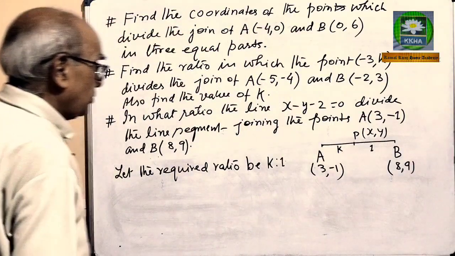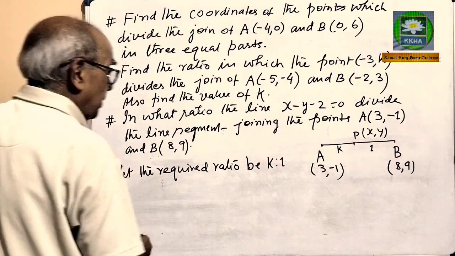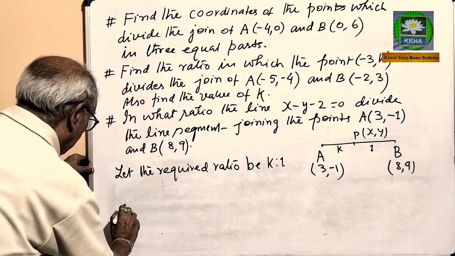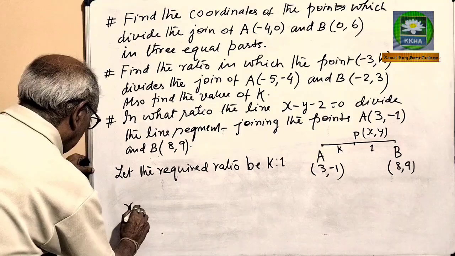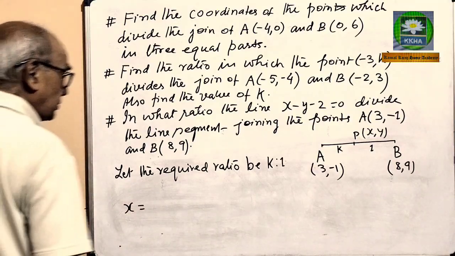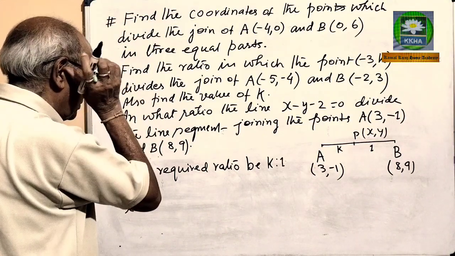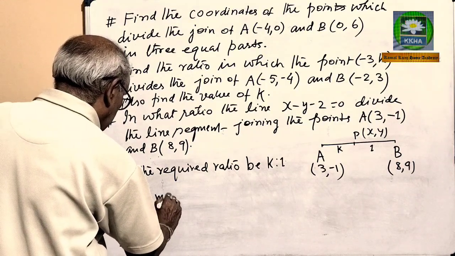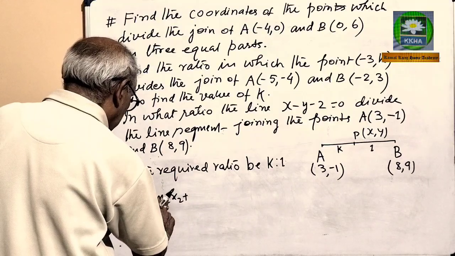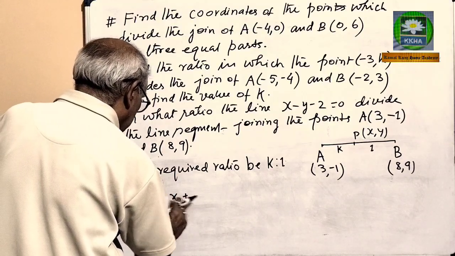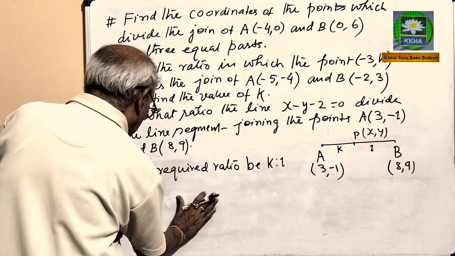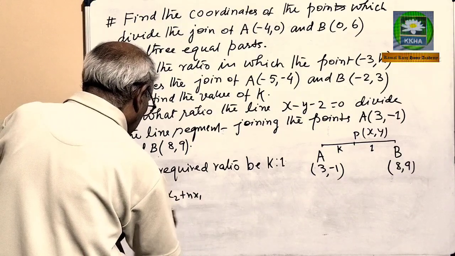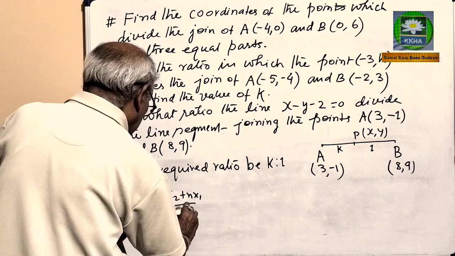So using section formula we get x equal to mx2 plus nx1 upon m plus n.